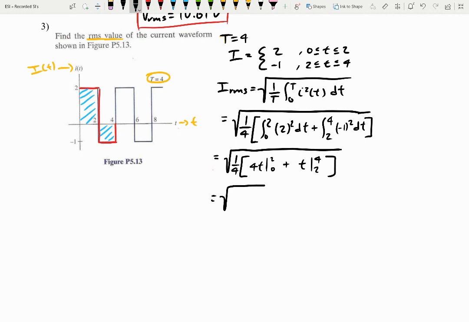Okay. So filling this out a little bit more. So 4 times (2 minus 0), plus (4 minus 2), just filling in those integral values right there.